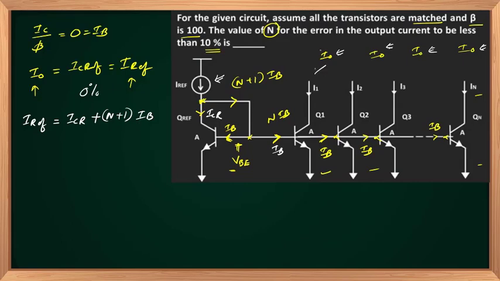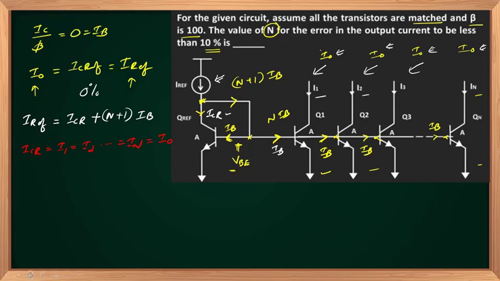I will call it I out, the output current, because the transistors are exactly matched. Betas are the same, base emitter potentials are the same. So if the transistors are exactly matched, ICR equals I1 equals I2, and so on up to IN, equal to I out. I'm calling it the output current.